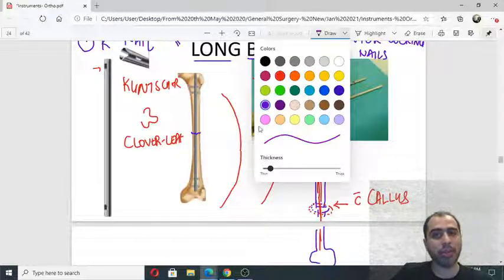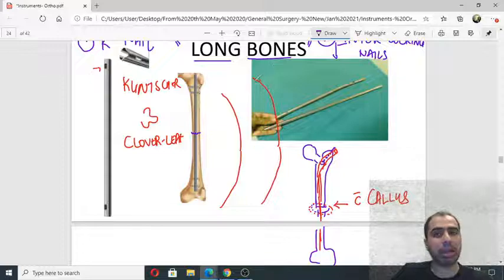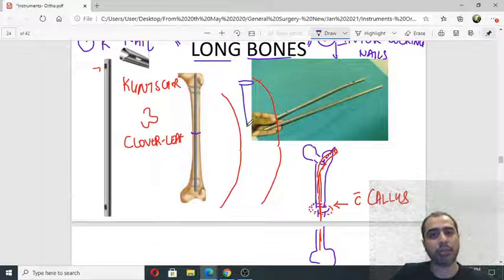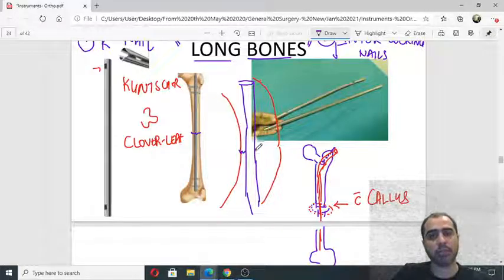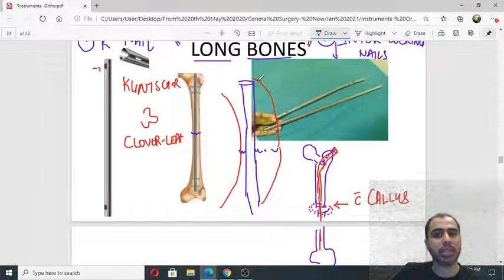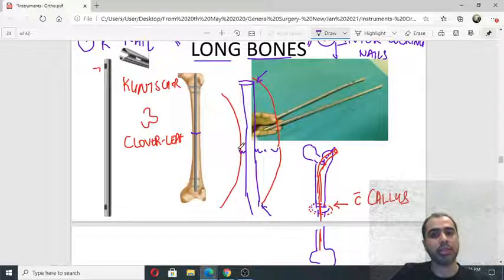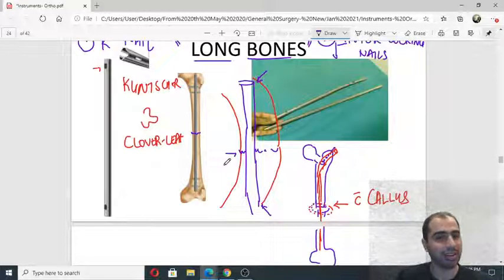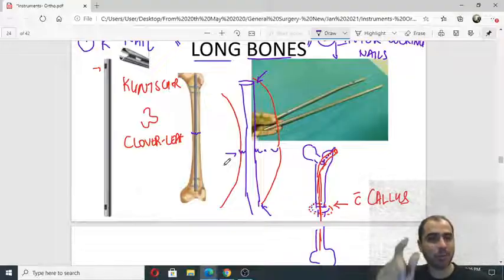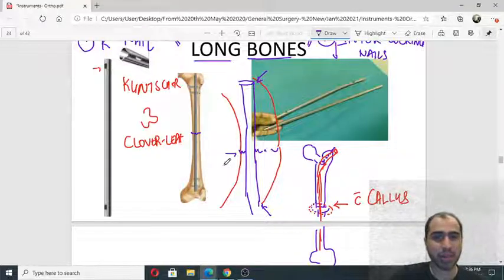So what am I doing with this first generation nail, the K nail? I am putting a straight nail into a curved bone across the fracture.